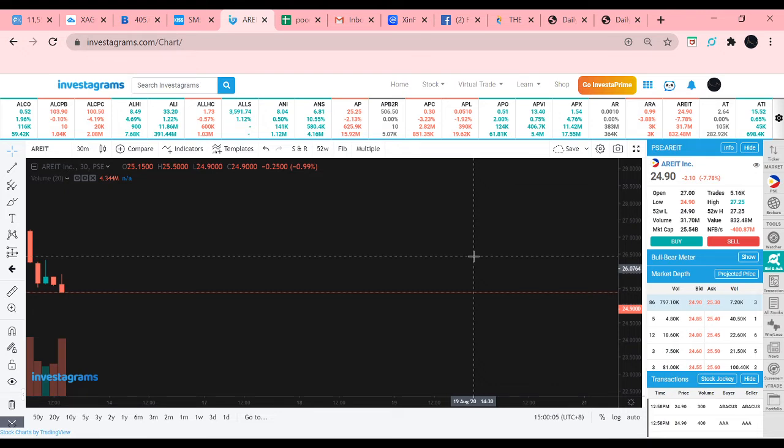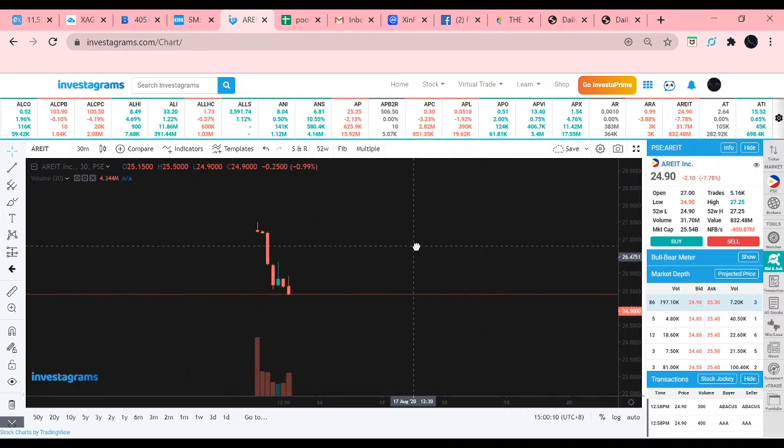Hindi ko lang alam particularly kung anong real estate ng Ayala ang mga to. But as an owner of a REIT shares, meron kang actually makukuha na at least 90% ng net income will be declared as dividends. So more or less attractive siya on that part.